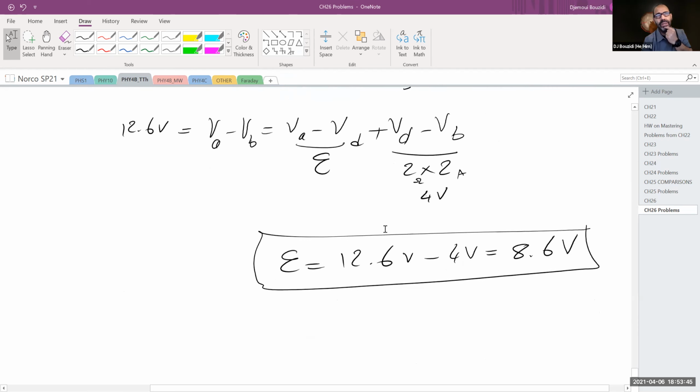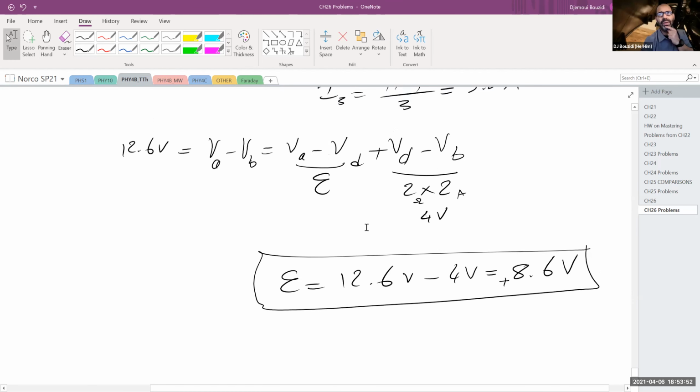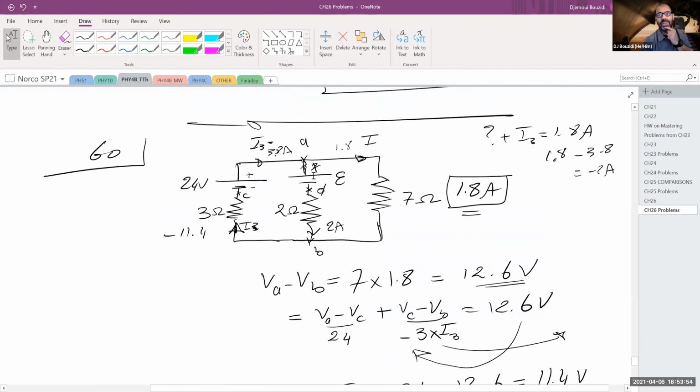So this is basically the whole picture now. It's positive, so it's a good deal. Now you can go back and check the voltage drop. Remember, the voltage drop is 12.6, and it's 8.6 here plus 4, because 2 times 2 is 4. That's 12.6. On this side, it's 7 times 1.8, and that is actually 12.6. That's exactly how we found it.